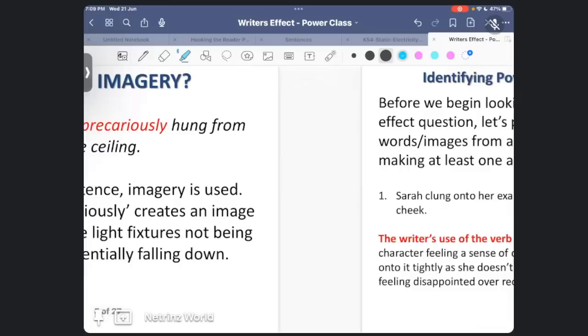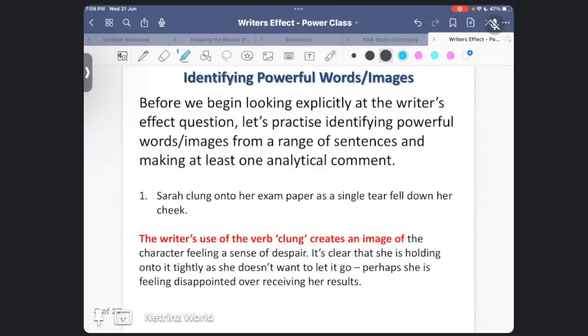Let's do a small task. Before we begin looking explicitly at the writer's effect question, let's practice identifying powerful words and images from a range of sentences and making at least one analytical comment. I've listed a few examples here.